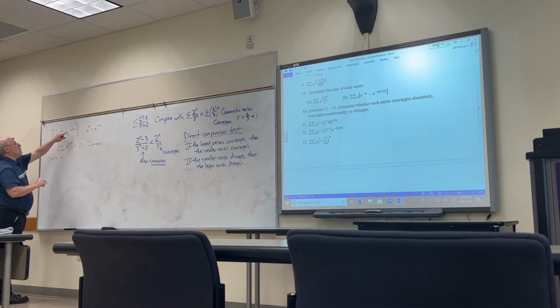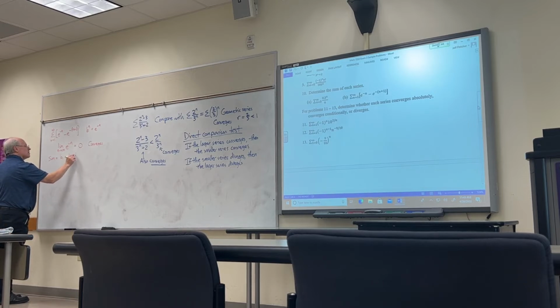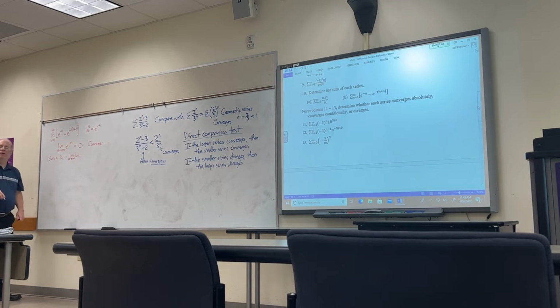If you're subtracting in this order, the nth term minus the n plus first term, then you take the first term minus the limit of the sequence. And if it was the n plus first term minus the nth term, then it would be switched.